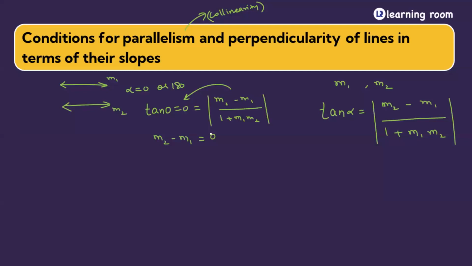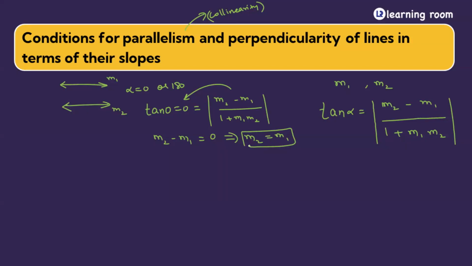That implies m2 will be equal to m1. So what is the important conclusion you can draw out of this? If you have two lines which are parallel to each other, then what will be the relation between their slopes? Their slopes are the same.